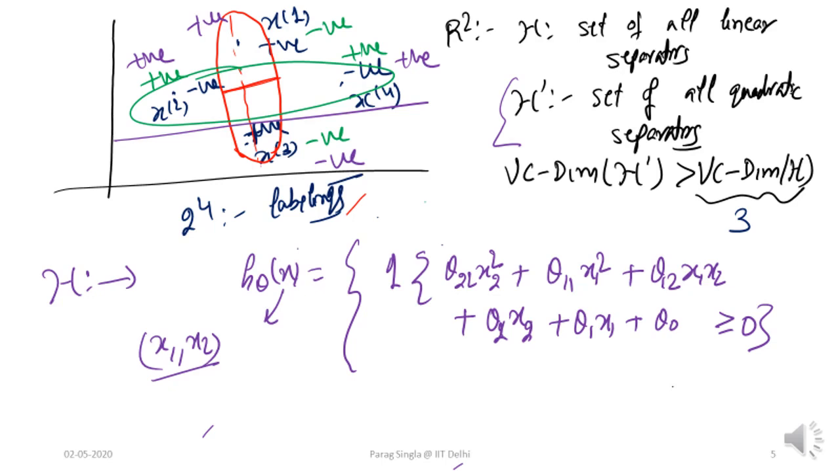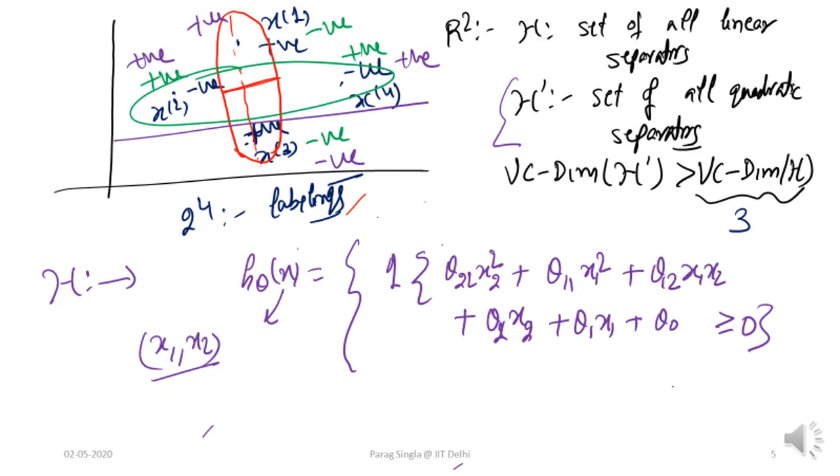But what we have shown on this slide is definitely that the VC dimension of the quadratic classifier in 2D space is at least 4, which also means that in some sense they are more powerful than linear classifiers. We'll talk about that in one of the later slides, and this will lead us to two interesting results about bounds using this notion of VC dimension.